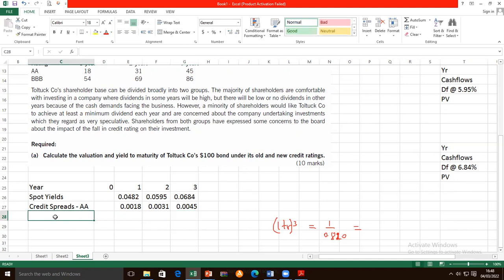So then the yields for this company, the company-specific yields, or what you call your cost of debt for this company, now you have them.